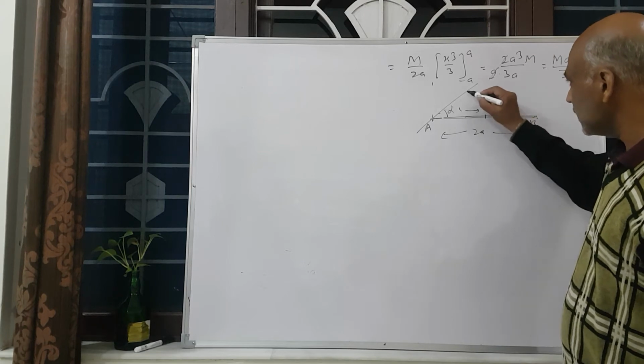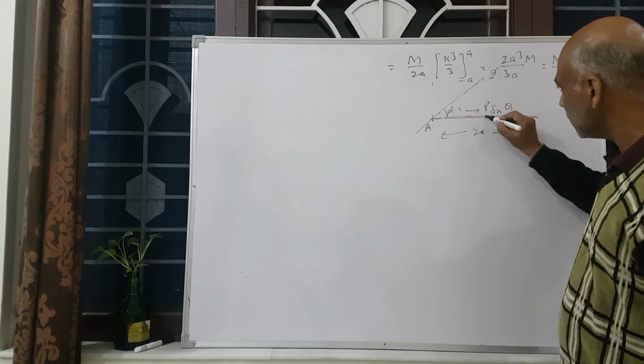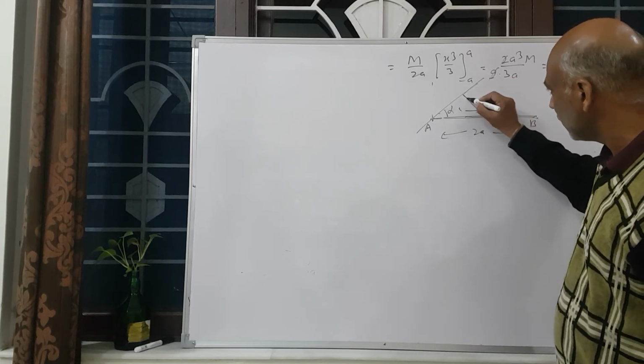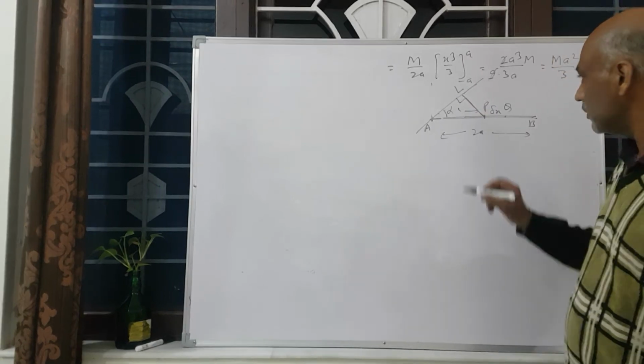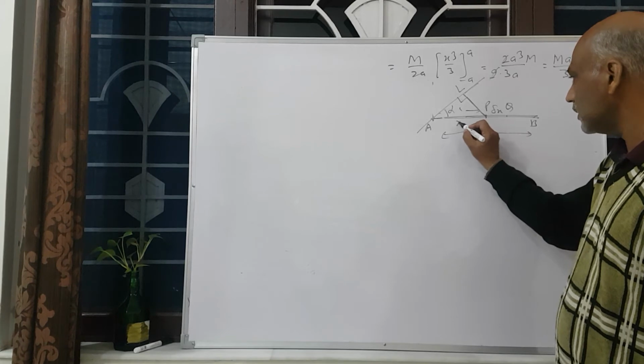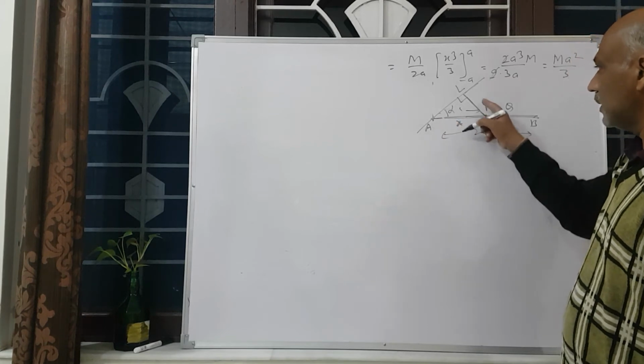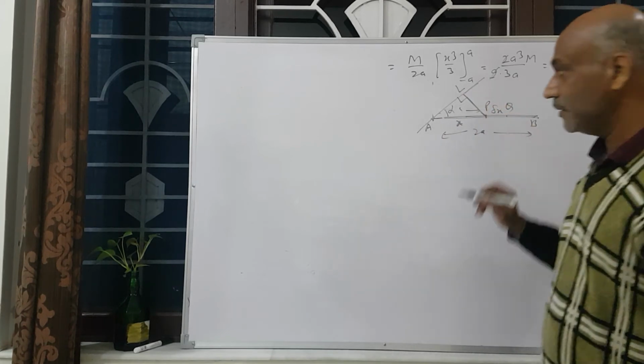So the perpendicular distance changes now. Suppose we draw a perpendicular here, L. This is perpendicular, this is x. This is PQ, x, and the perpendicular distance is here.